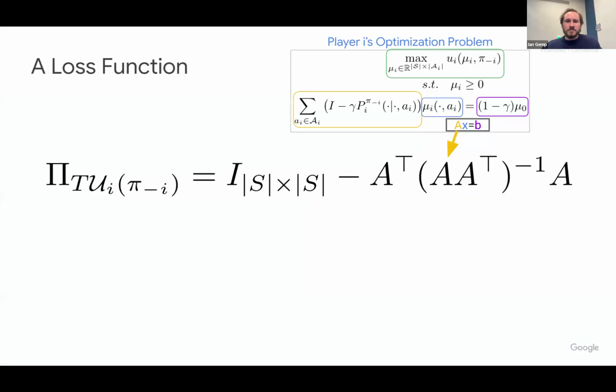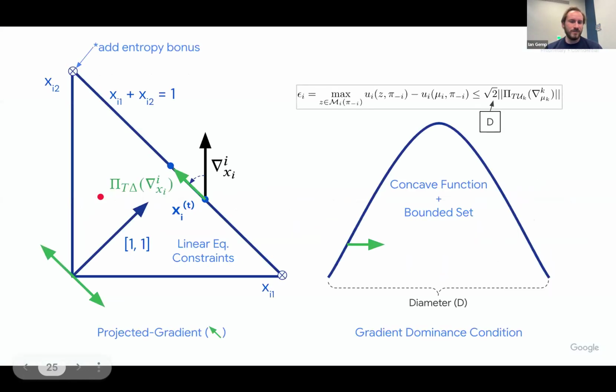Okay, so we're going to build up a loss function based on that upper bound that tells us how far we are from a Nash equilibrium. I mentioned that there's this part where we project onto the tangent space of the occupancy measure set. And I apologize, I gave all of this intuition in terms of the simplex.